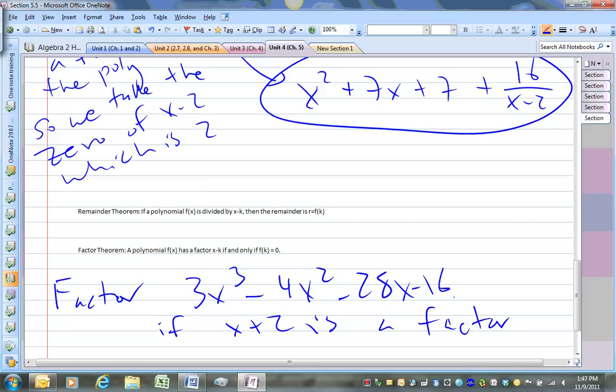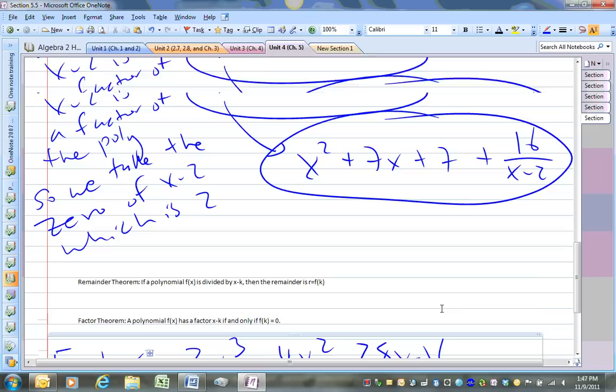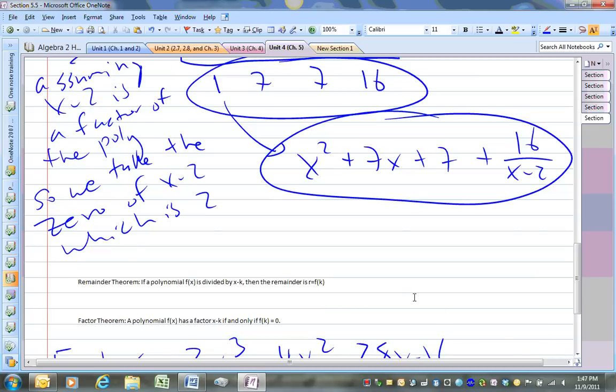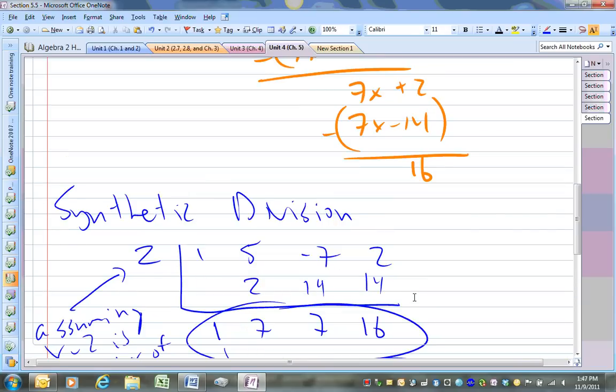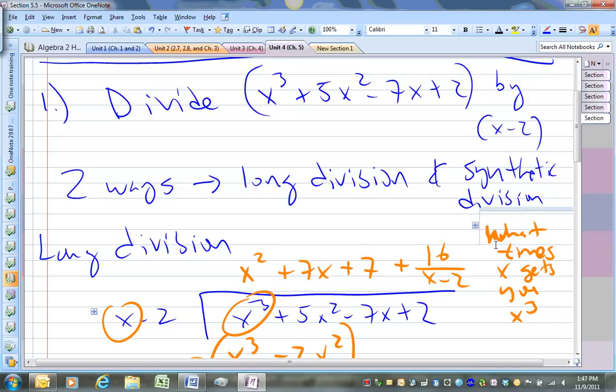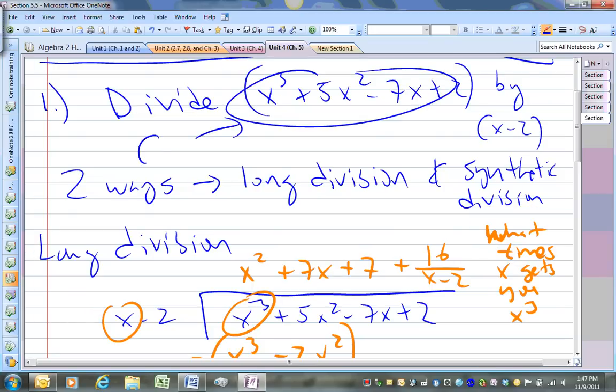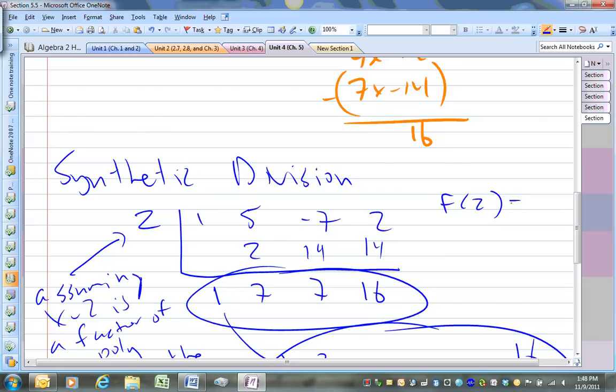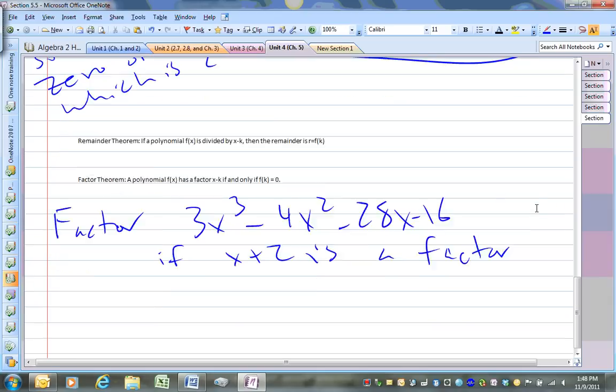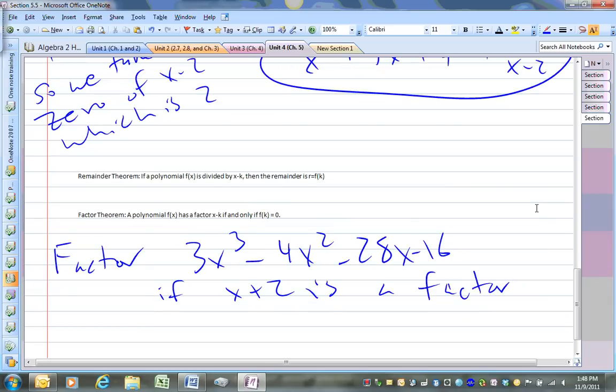So basically we're going to be using, in a way, the factor theorem. The remainder theorem we actually just did. Because if you were to plug in 2 for the first one here, if you plug in 2 into this and call that f of x, it would equal 16. So we already took care of the remainder theorem, because the remainder is what f of 2 would be, or if you plug in 2 for x into that polynomial.